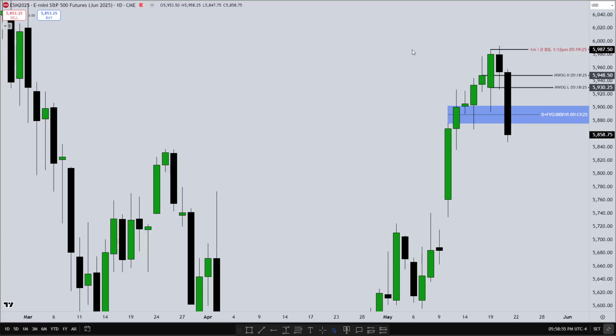So we have Friday here, Monday's high and low, the high here and then the low here. And then I did point out this order block over here. I can't remember exactly what I said for this order block, but it wasn't in my focus until seeing the reaction like this. So now this is confirmed that this is an order block.